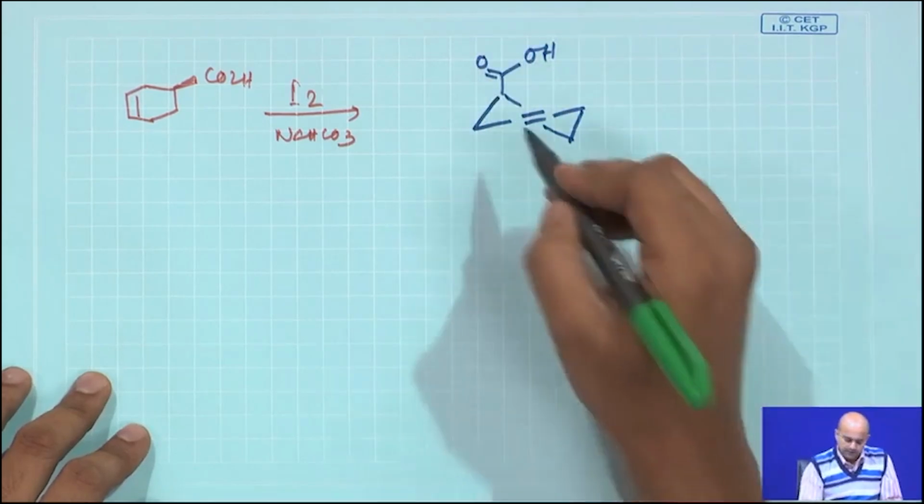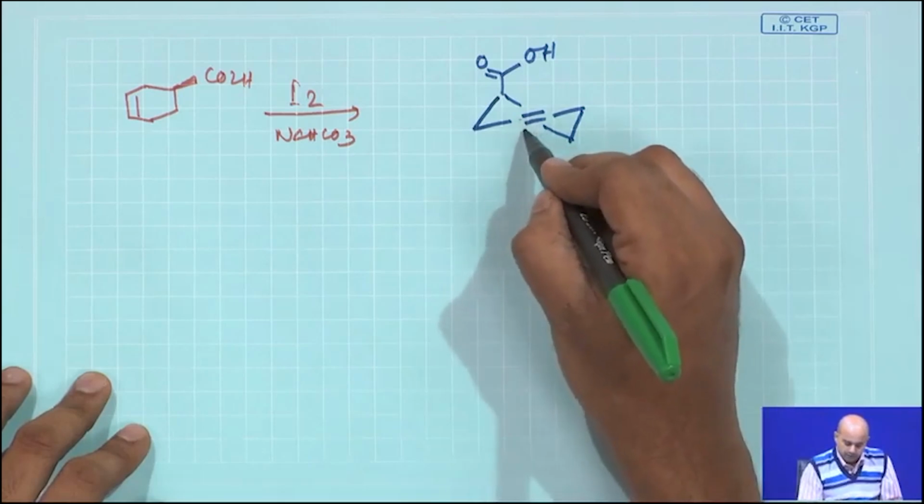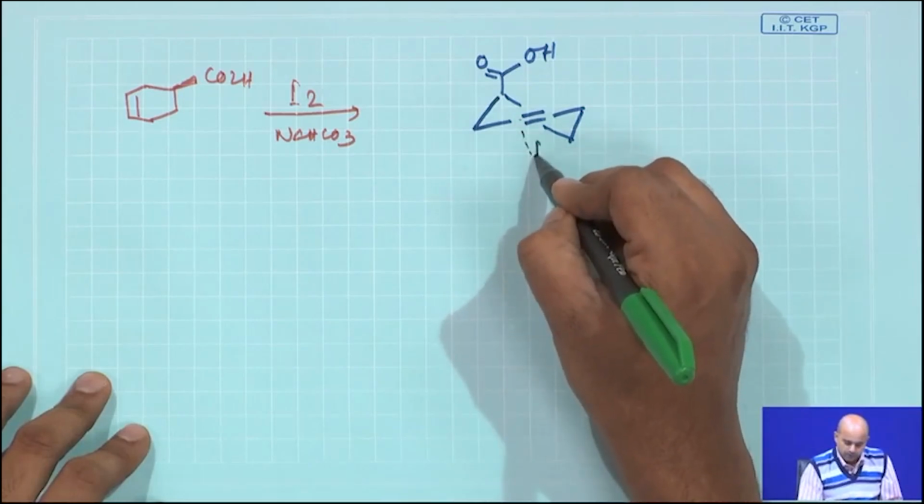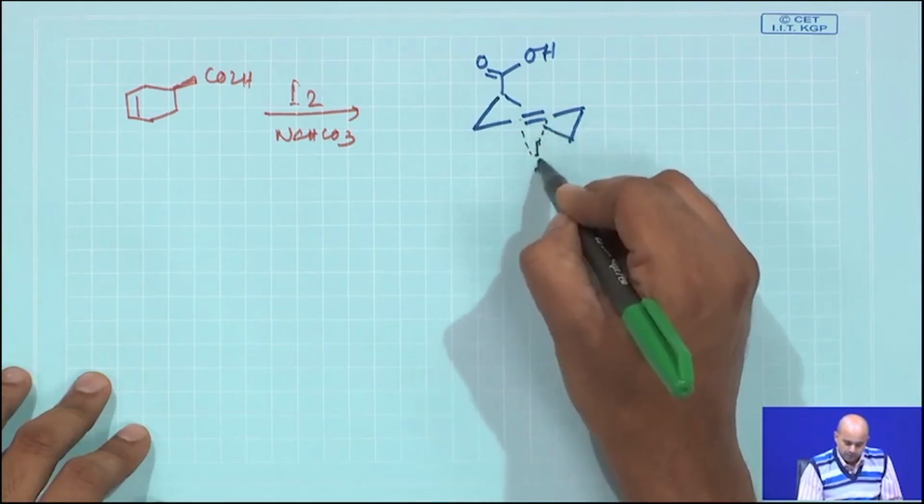Now, initially this iodolactonization will be formed in this way. You basically have this iodonium ion here.